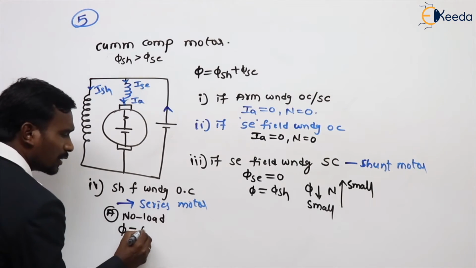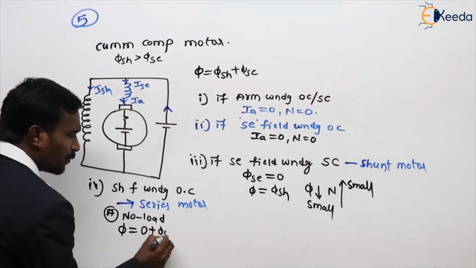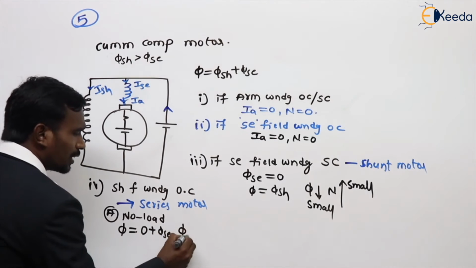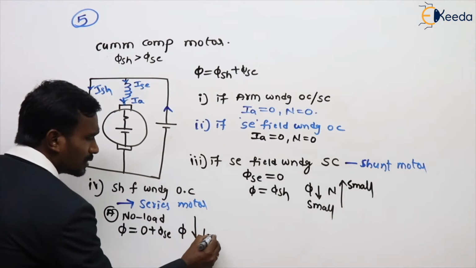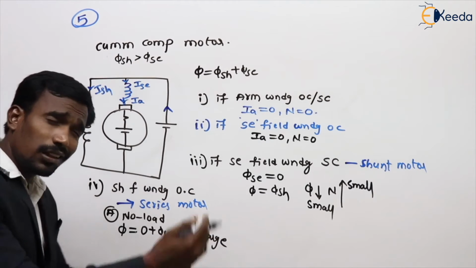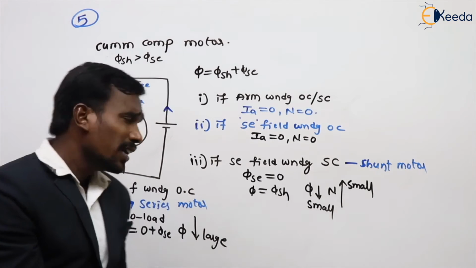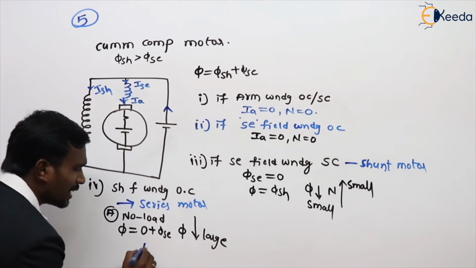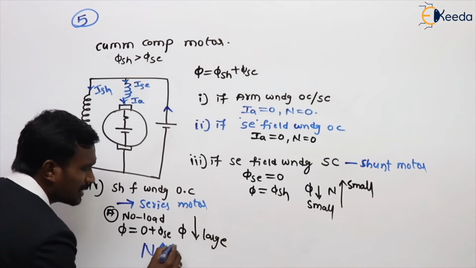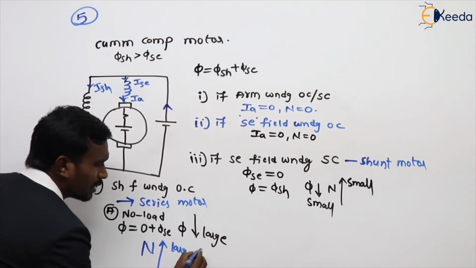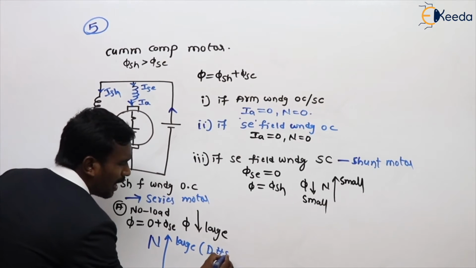Flux is equal to phi sh plus phi se, so the total flux reduces by a large amount, not small, a large reduction. If the flux is in large reduction, then the speed is in large increase, nothing but dangerously high speed.